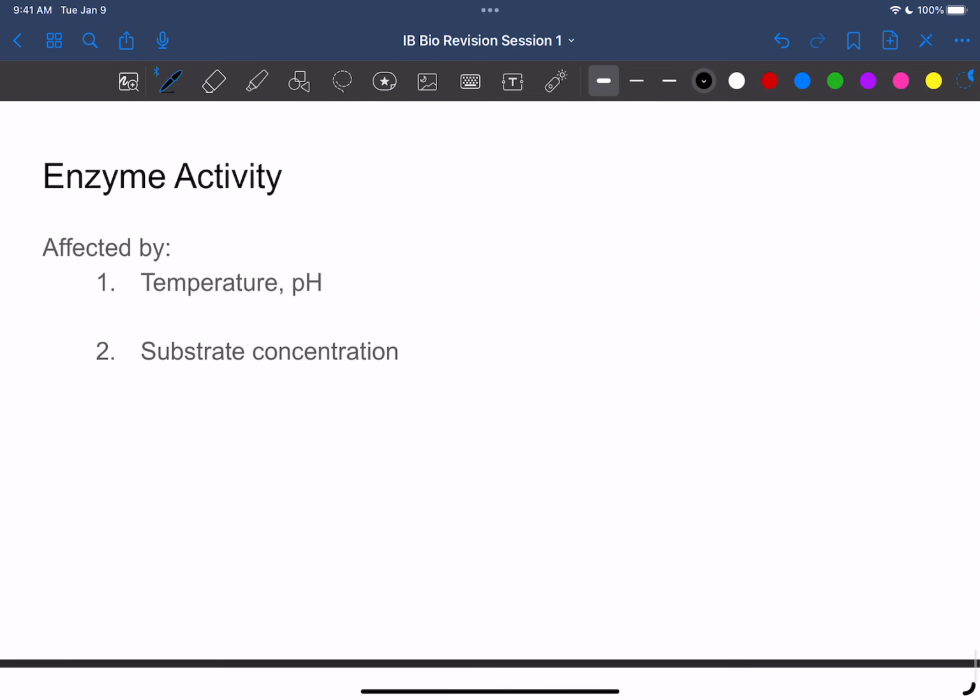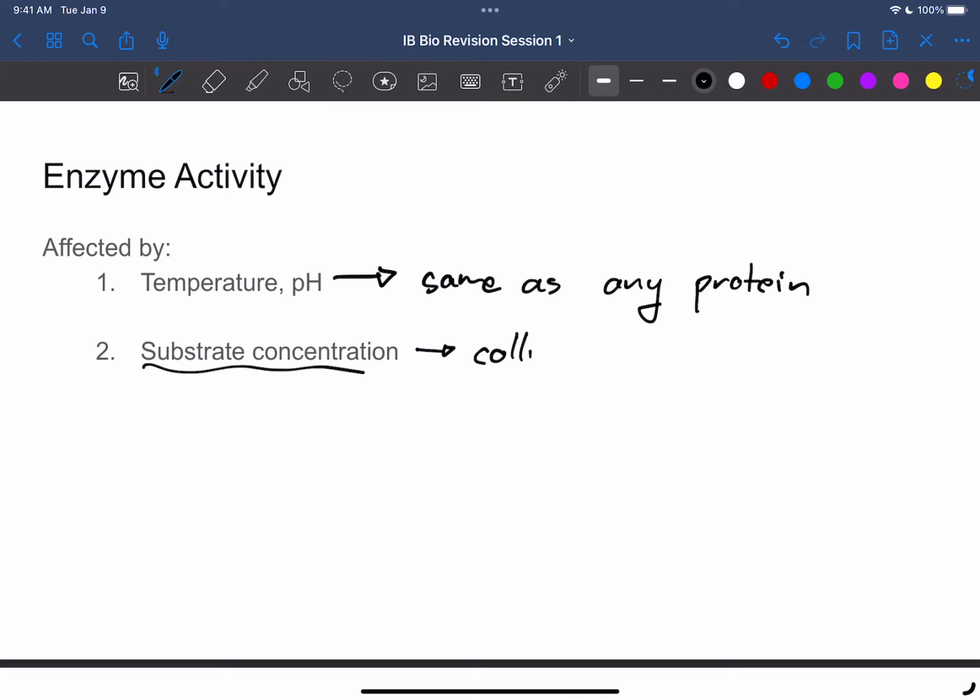And here's where we get to enzyme activity. So this is affected by temperature and pH, same as protein. pH, like I said, changes the hydrogens on different groups, which changes interactions, and temperature can increase the energy so much that different intermolecular forces break, and that causes a lot of problems with the interactions, which will cause denaturation. Another one that's new, brand new, is substrate concentration. So I was talking about this in terms of collisions, and we're going to see this in action with a little graph.